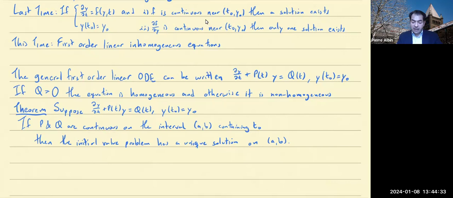And even better, in last class, the solution was only guaranteed to exist in some small rectangle around our initial condition point. Whereas in this case, if we have continuity on the interval AB, then we also have a solution on that interval AB. So this is a much stronger and simpler existence uniqueness theorem.